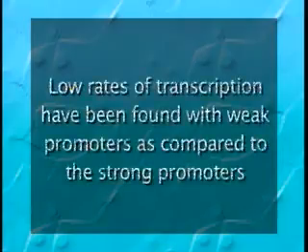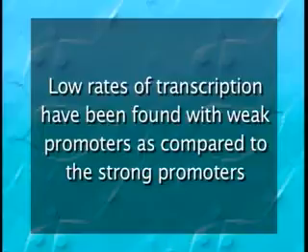Some genes have strong promoters that bind the transcription machinery well, and others have weak promoters that bind poorly. Low rates of transcription have been found with weak promoters as compared to the strong promoters.